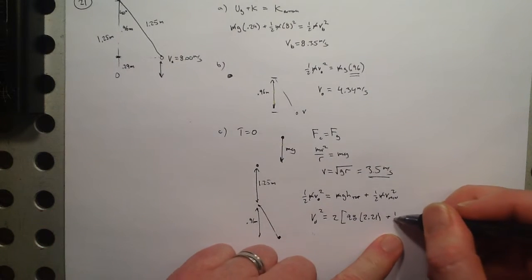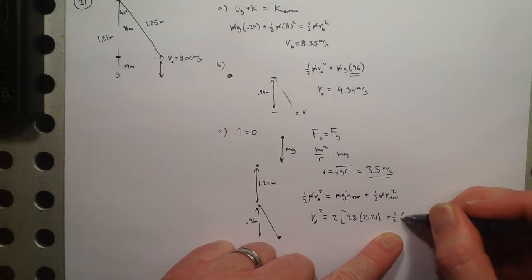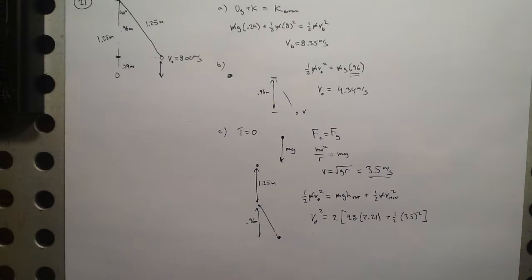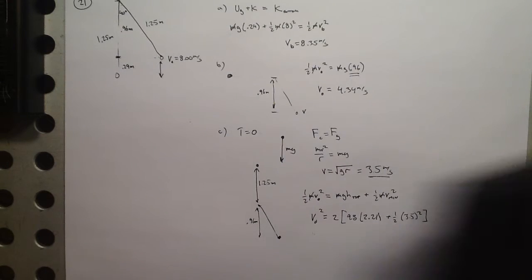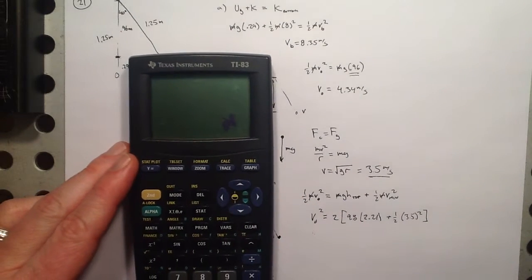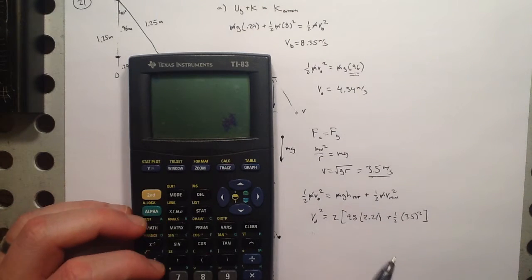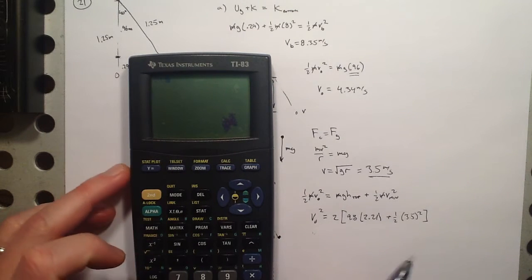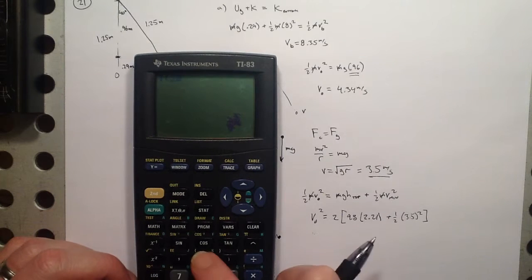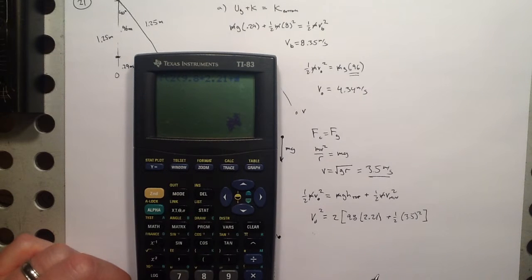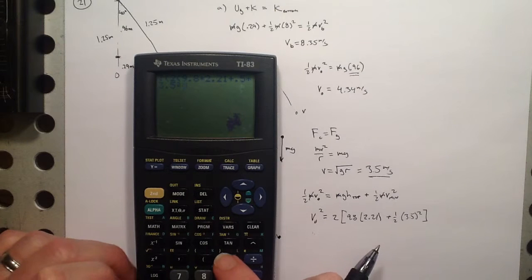Plus 1/2 times that minimum velocity that we just found squared. All right, let's crank that out. So we get the square root of 2 times 9.8 times 2.21 plus 1/2 times 3.5 squared.